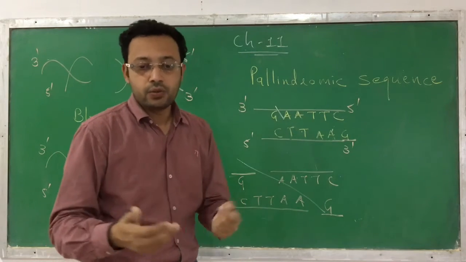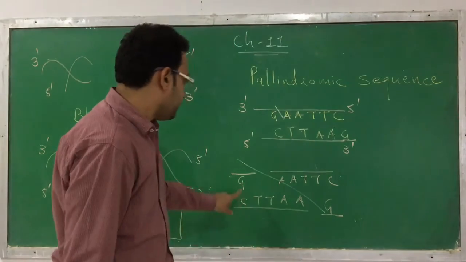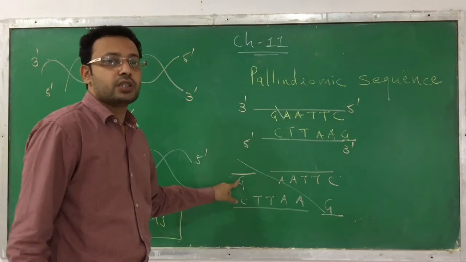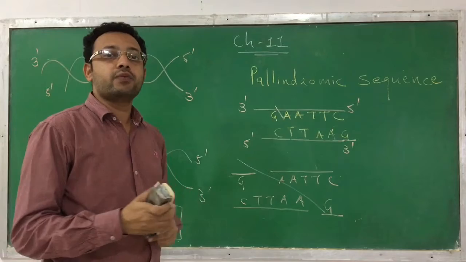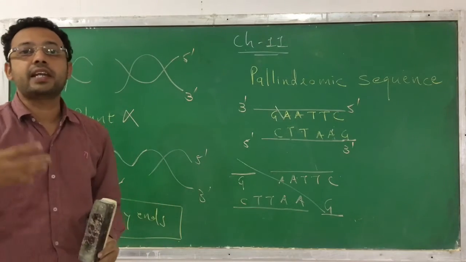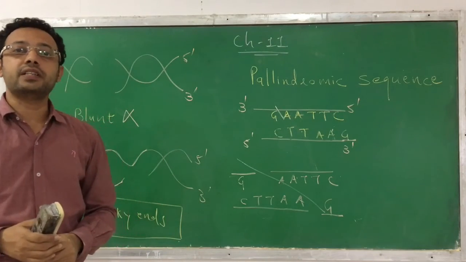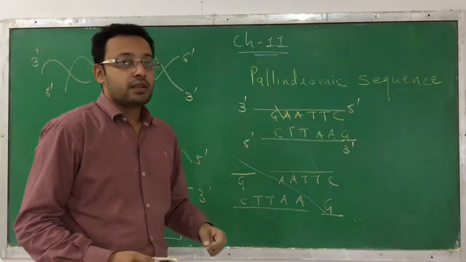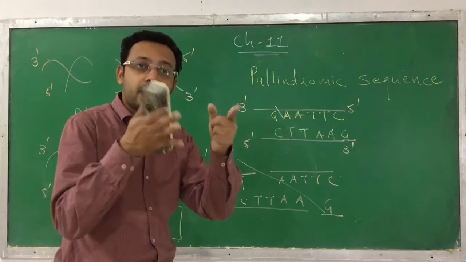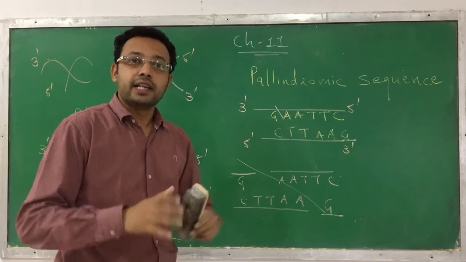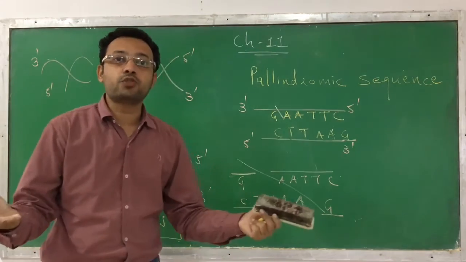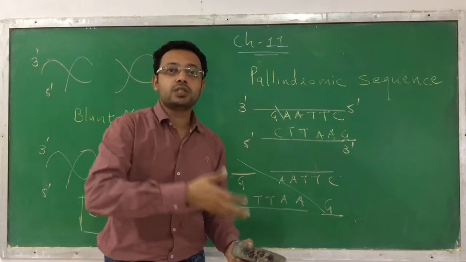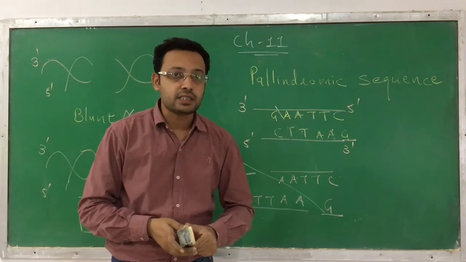Okay, so now we are moving ahead. Once this is produced, these ends will be joined with another DNA molecule, and we can form the recombinant DNA. But now what do we have to do? Once the DNA has been cut, it is converted into pieces. Some are small, some big, someone is medium in size.